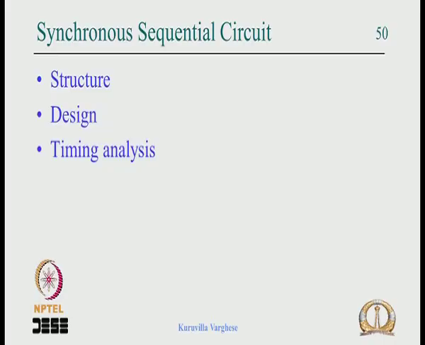We will learn 3 things essentially: the structure of a synchronous sequential circuit, what the architecture of it is, how to design it, and the timing analysis of it. That is what is shown in the slide.